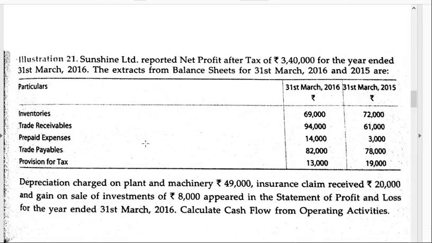Clear? Now, first of all, what we need is net profit. We are given in the very first line that Sunshine Limited reported net profits after tax of 3,40,000. So we'll start from here.